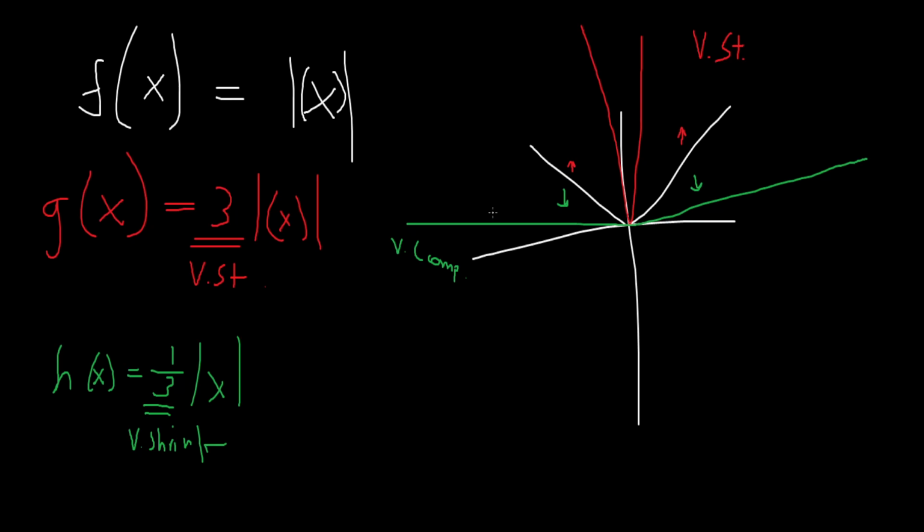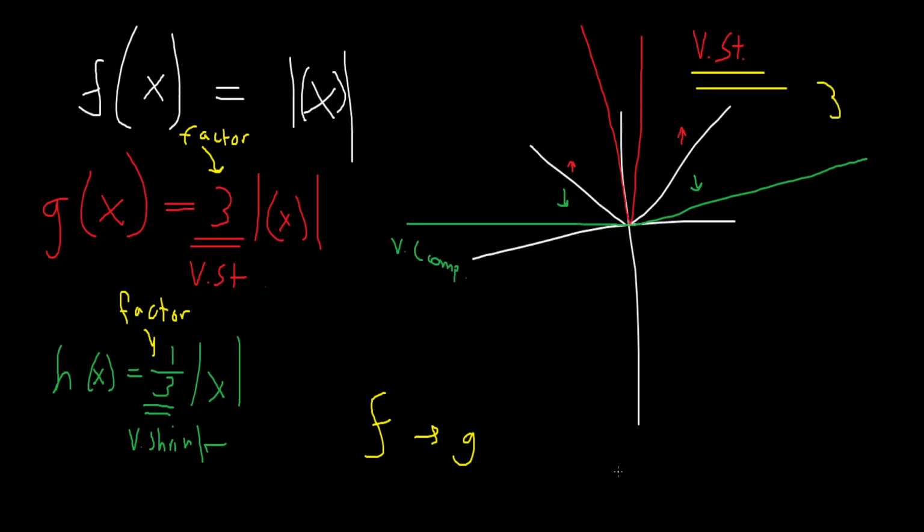And so the factor by which you will stretch or compress is always the number in front. So the number in front is always the factor that you're using. So if we wanted to get from F to G, we would do a vertical stretch by a factor of 3.